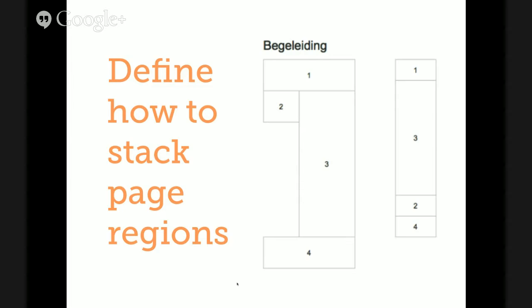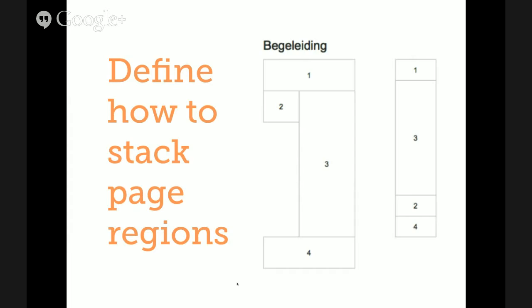And by using these simple schematics, you can explain to a client that, okay, in the normal layout, your left-hand navigation is there, number 2, but if you're going mobile, then we have to put the content first. So 1, 3, 2, 4 is the sequence on the smaller screens for your regions.